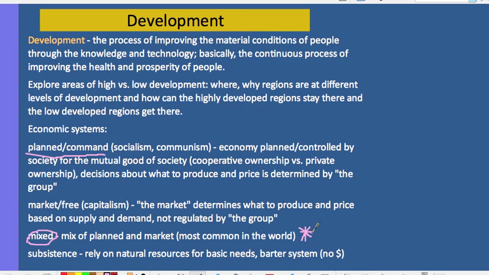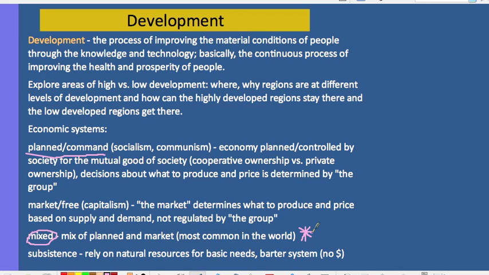But even China has a mix of planned and market, where they are a communist state, but they allow for a market economy of investors from the United States, capitalistic corporations that are investing in building factories in China, because China recognizes the potential for making profit and money using this mix of planned and market.